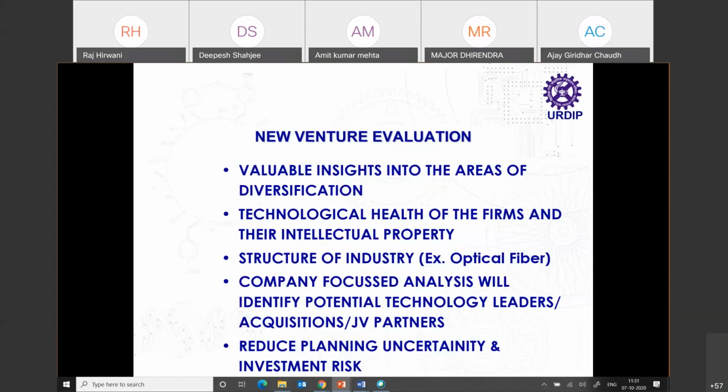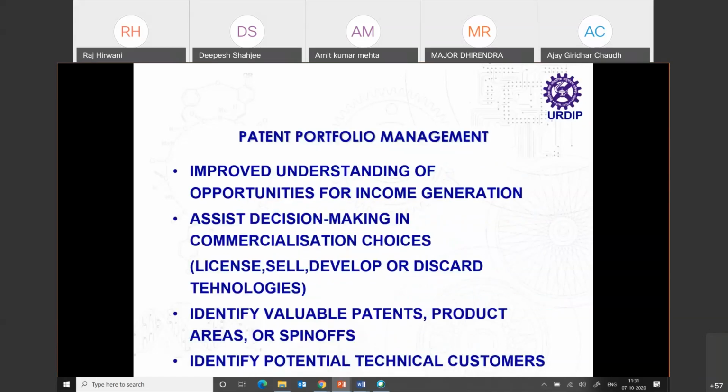For a period of time, you accumulated patents. Patenting does involve money. If you are doing this, corporates ask, we are investing so much, what are we getting out of it?